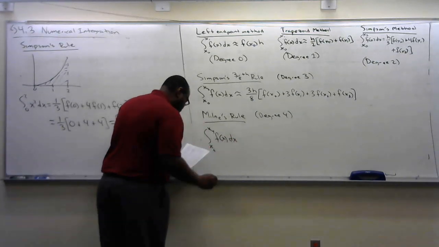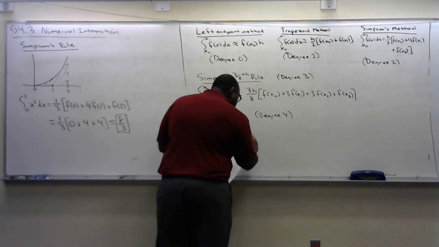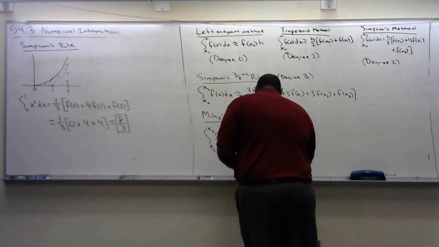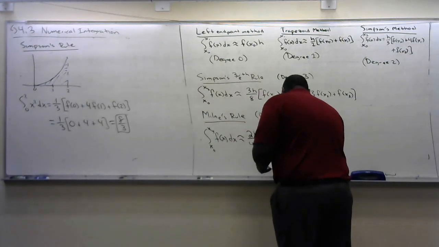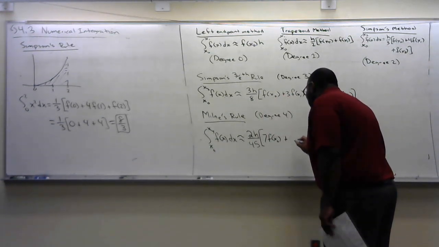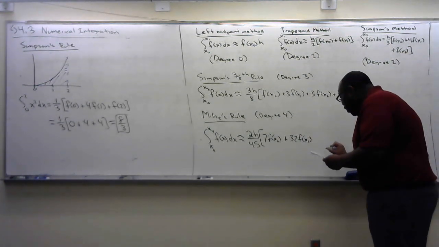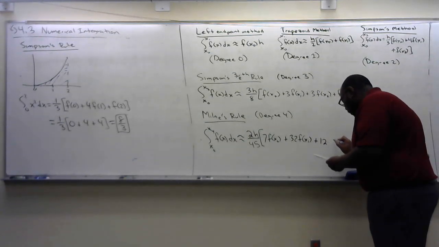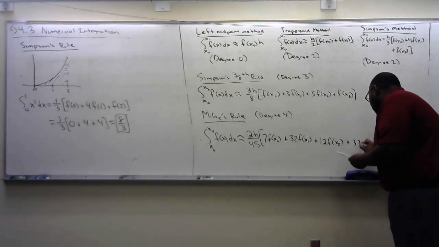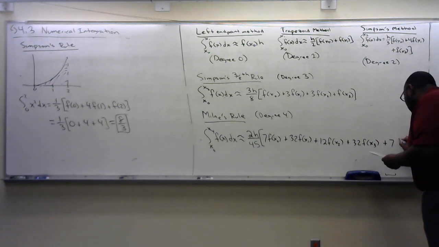The integral of f of x dx is approximately equal to 2h over 45 times 7 f of x0 plus 32 f of x1 plus 12 f of x2 plus 32 f of x3 plus 7 f of x4.